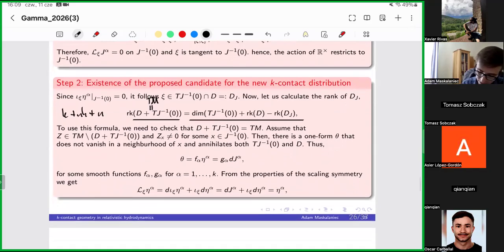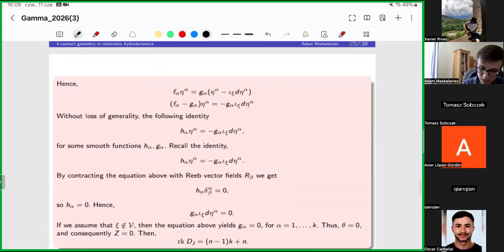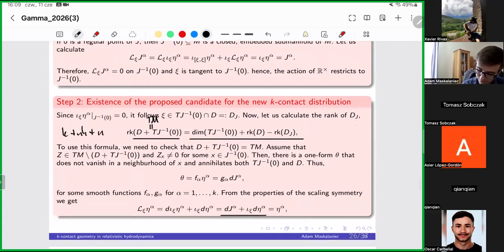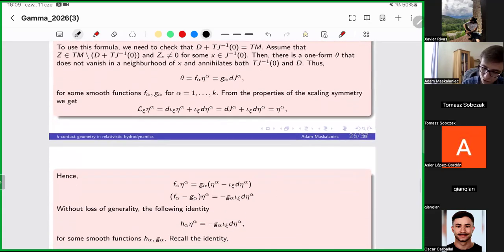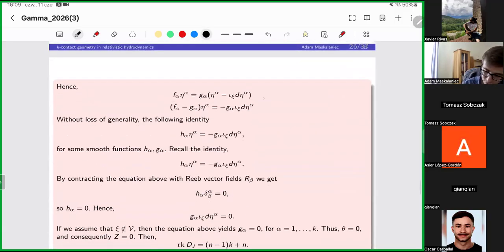Okay, and then using the property of the scaling symmetry, I calculate that the Lie derivative of eta can be expressed using this momentum map. So I can replace my dj alpha with eta. Okay, so then it turns out that we obtain this identity that has to be satisfied on the whole neighborhood. Then, without loss of generality, we can replace this difference of f alpha and g alpha with a smooth function h alpha.